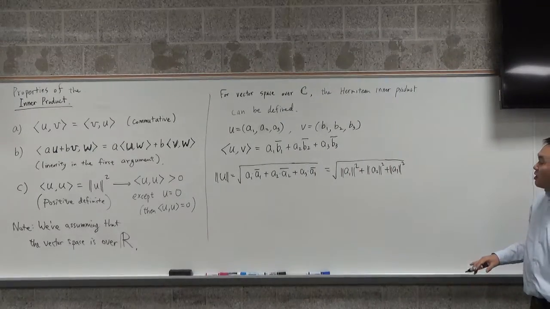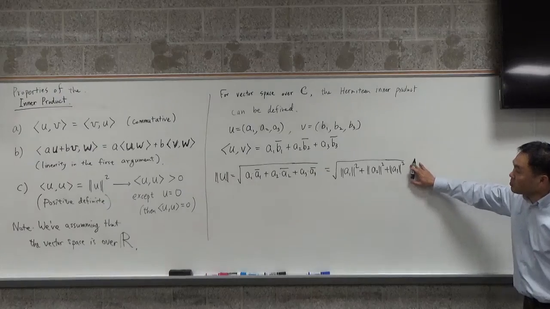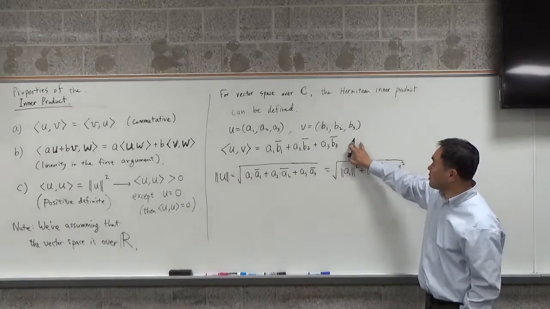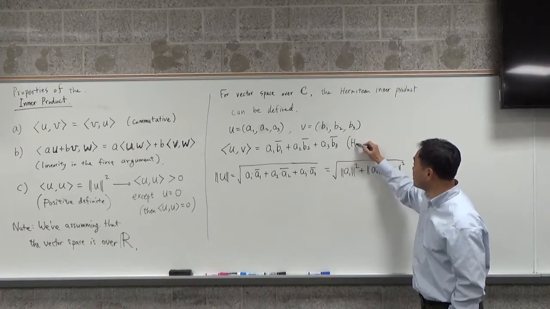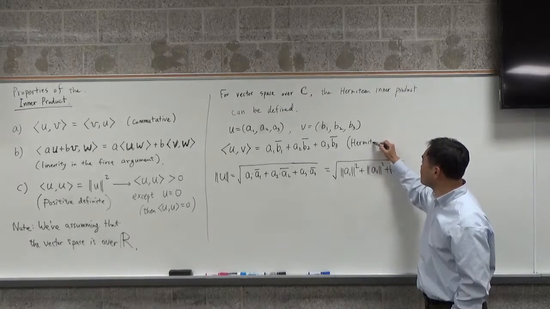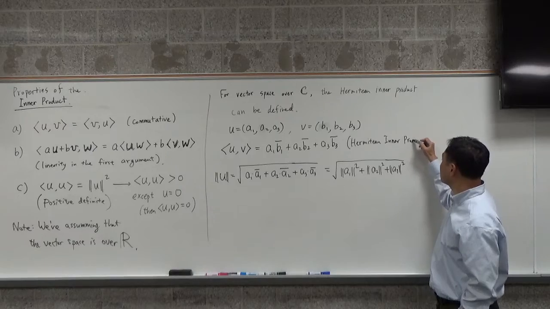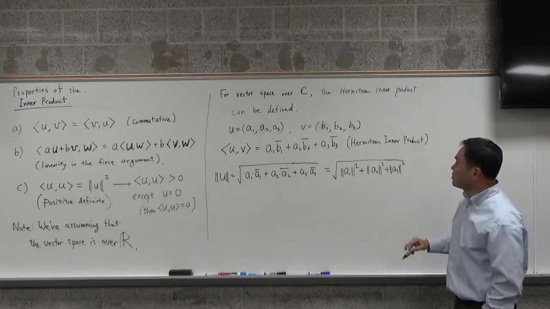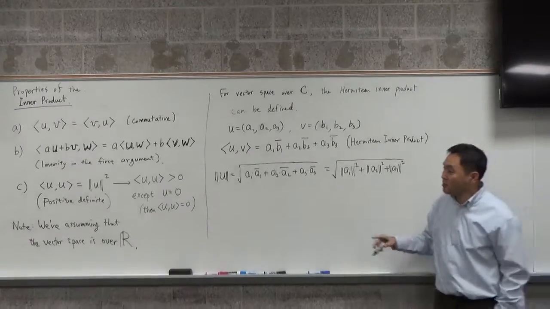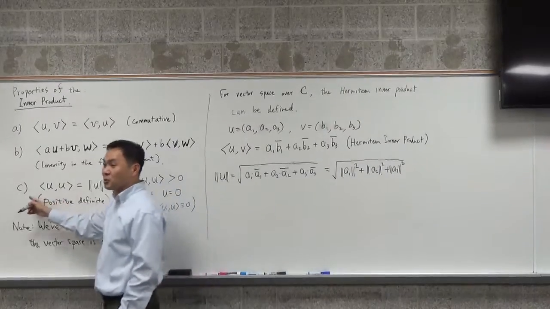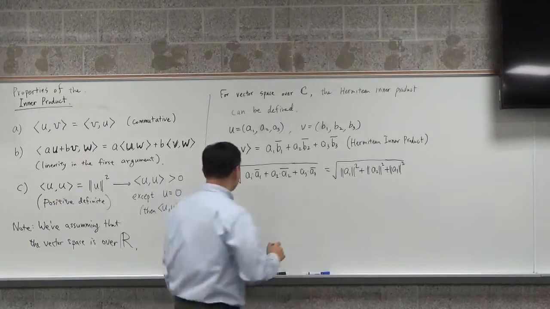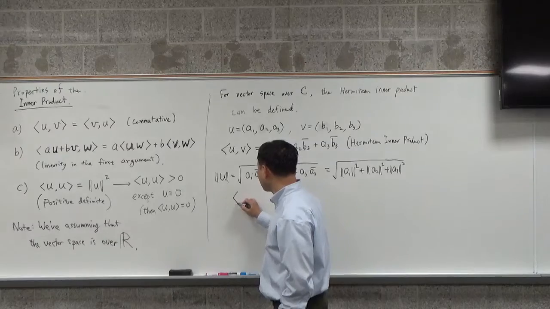And if you take this point of view with this as your inner product, and by the way, this is called a Hermitian inner product, then this identity still holds. So that's the nice thing.